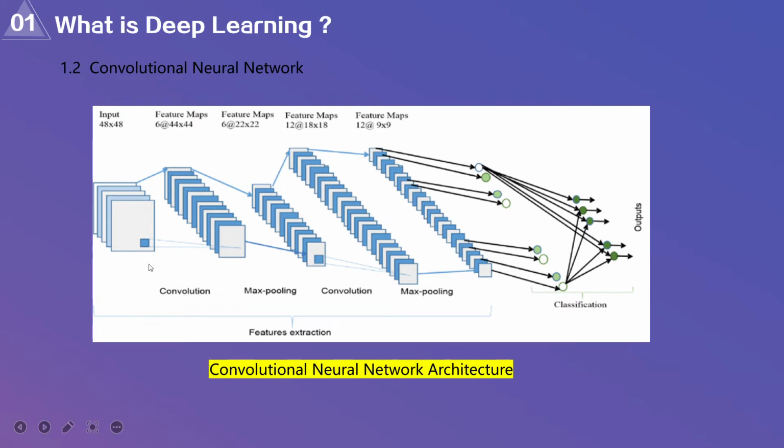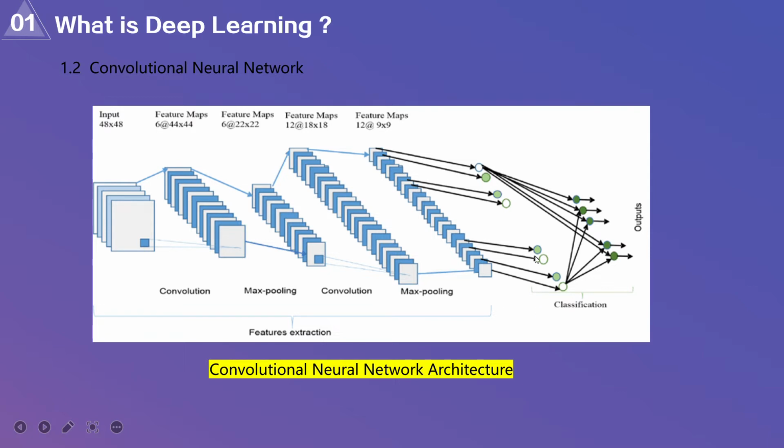In the first one, we have an image input with a given shape, and we apply convolution to the input, and max pooling downsamples the feature map.